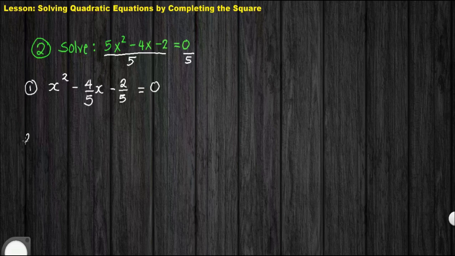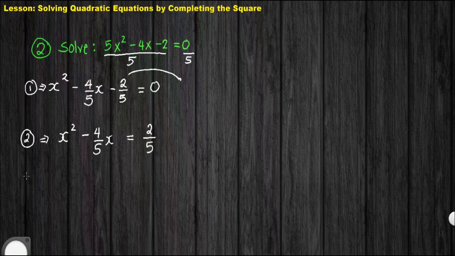Ngayon, sa next step natin, ito yung gagawin natin. We will move the number term, this negative 2 over 5, to the right side of the equation. So we have x squared minus 4 over 5x equals positive 2 over 5.